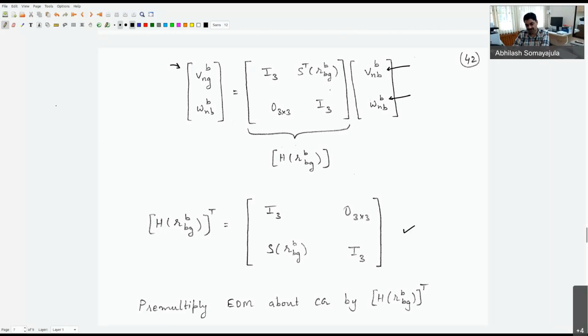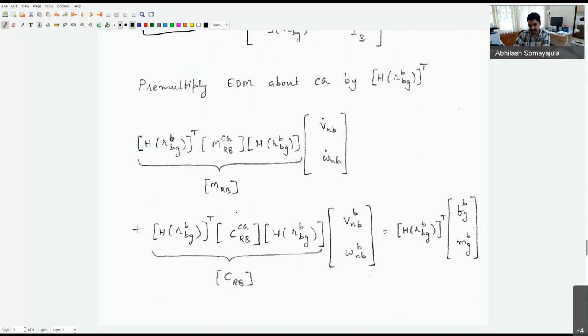Now, the reason I want this transpose is that I'm going to go back to our equations of motion about the center of gravity that we derived, and I'm going to pre-multiply them by this transpose matrix on both sides.